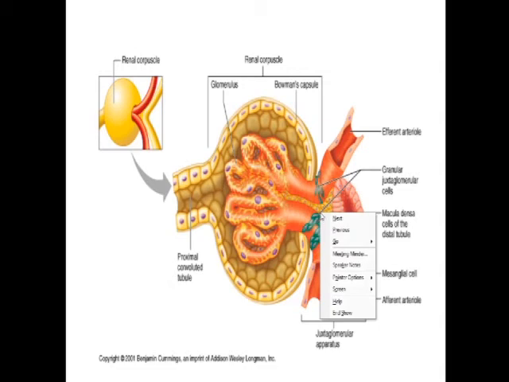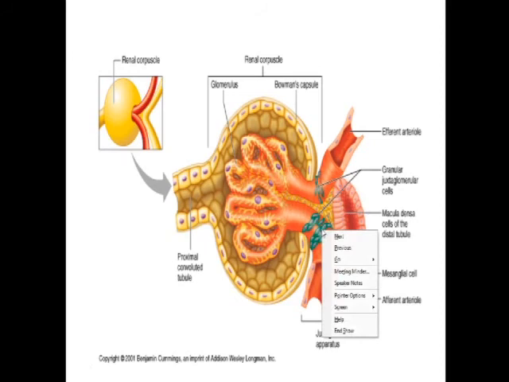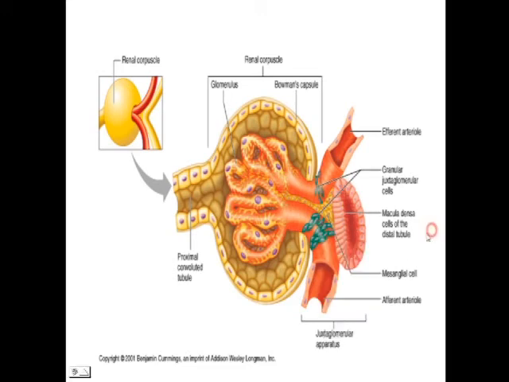Then extraglomerular mesangial cells. Extraglomerular mesangial cells, also called the Lacis cells, form a cushion of cells between the afferent and efferent arterioles of the renal corpuscle. These are the cells which are in between the two afferent and efferent arterioles.